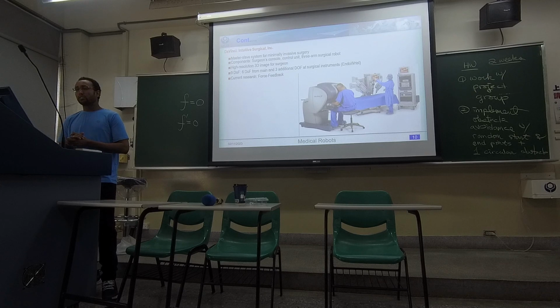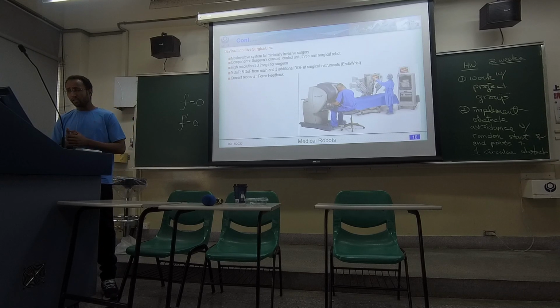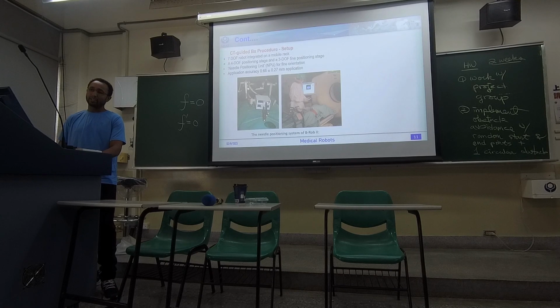It has a surgeon's control unit and 3-arm surgical robots, and is equipped with a high-resolution 3D image for the surgeon. It has 9 degrees of freedom, 6 from the main manipulator and 3 from the surgical instrument. And the current research for this robot is to develop force feedback.